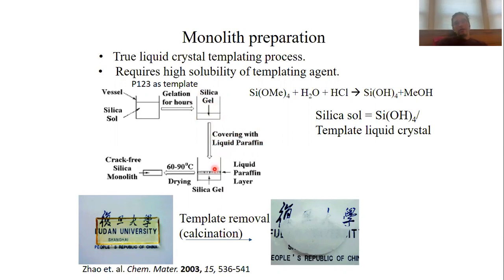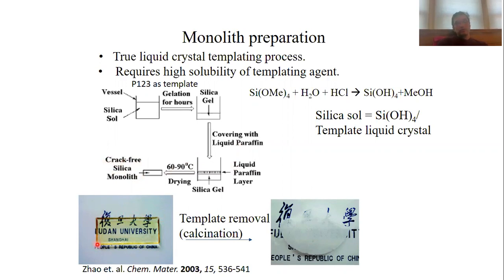And in order to avoid water evaporating, you can actually put a liquid paraffin layer on top of that silica gel and then age it at a temperature of 60 to 90 degrees. Okay, and that avoids the evaporation of water, and that avoids cracks forming in the monolith. And at the end of the process, you get a monolith as shown here. Okay, so this monolith still has the polymer in it.